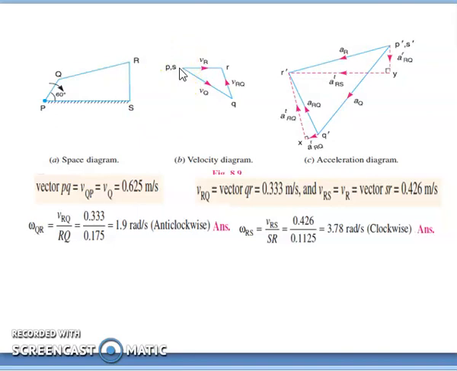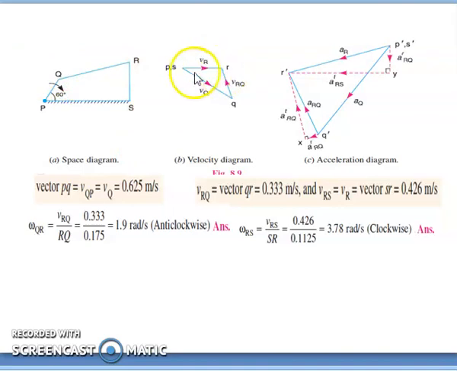Now coming to PQ. The point Q is going to rotate with respect to the point P. Since it is rotating with a uniform angular velocity, the velocity vector is perpendicular to the link PQ. It is moving in the clockwise direction, therefore the velocity vector will be in the downward direction.